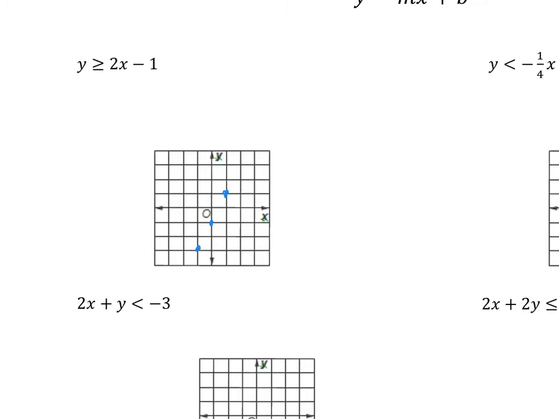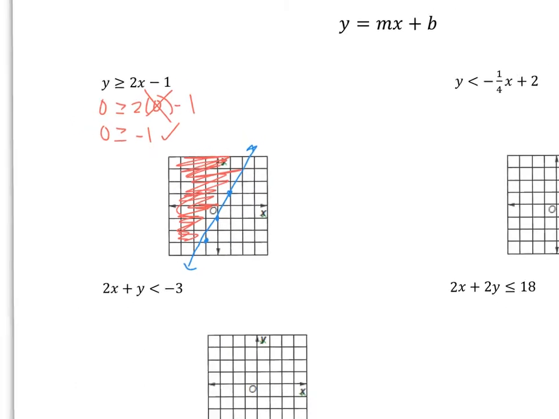This is a solid line because it's less than or equal to. If I test the point 0, 0, is 0 greater than or equal to 2 times 0 minus 1? Well, 2 times 0 is 0, so is 0 greater than or equal to negative 1? It is, so where 0, 0 is right there, we will shade that half plane. And that will be the solution to that inequality.